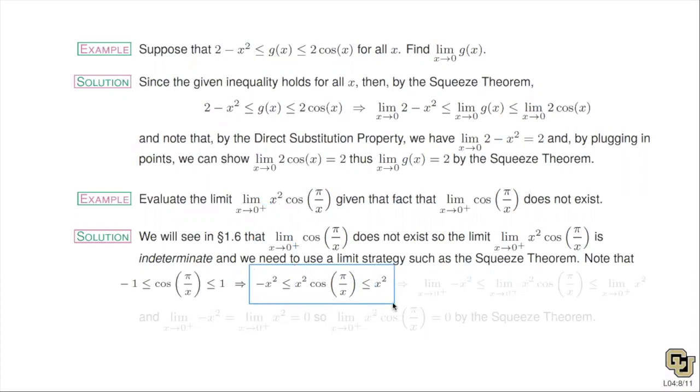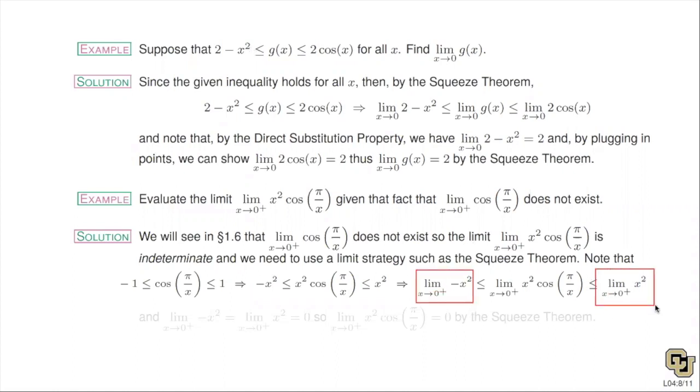Since the function satisfies an inequality, the limits of the functions will satisfy an inequality. And so now all I have to do is evaluate these limits at the ends. So this limit here and this limit here, if they go to the same number, then we've squeezed the limit in between, right?